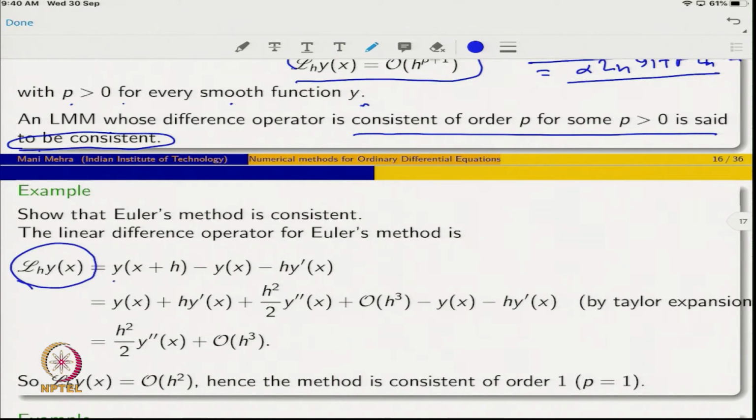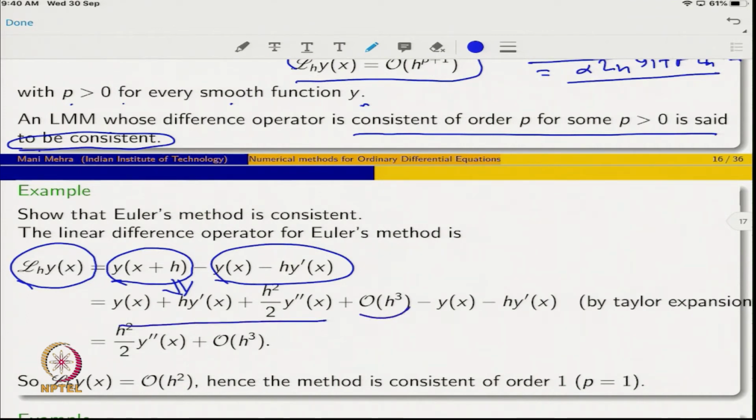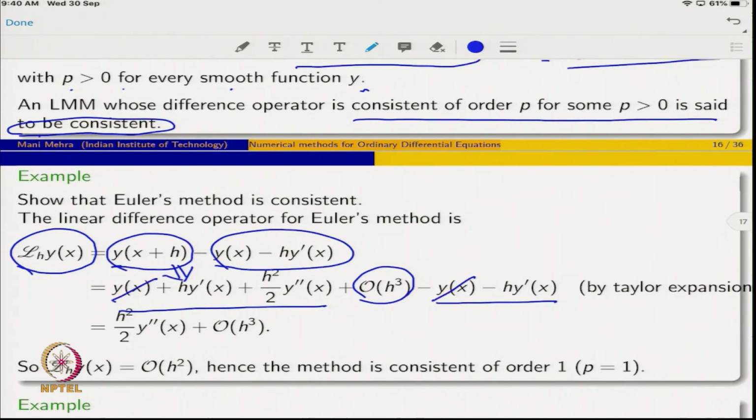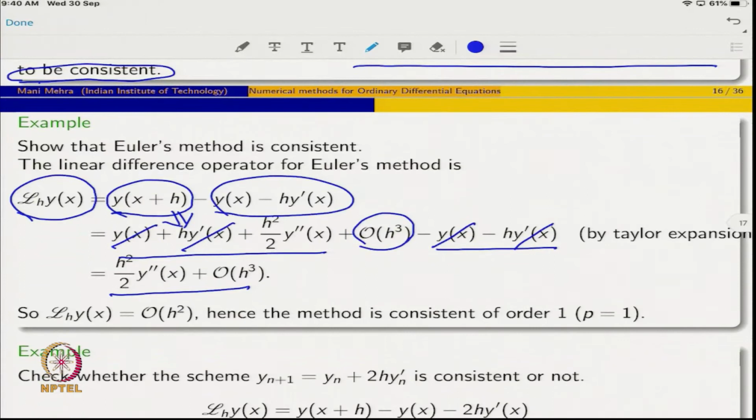Now I will write a Taylor series corresponding to this up to this term, and this is the truncation error, and then this I am retaining as such. So, this can be cancelled out with this, and basically L_h y(x) is of order h squared.